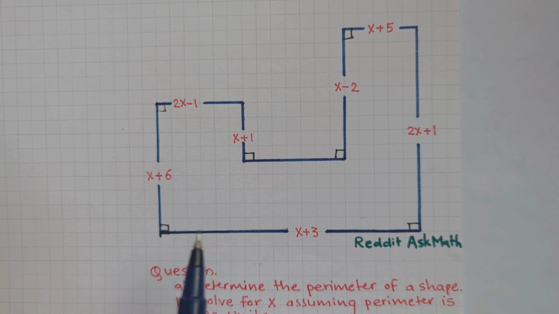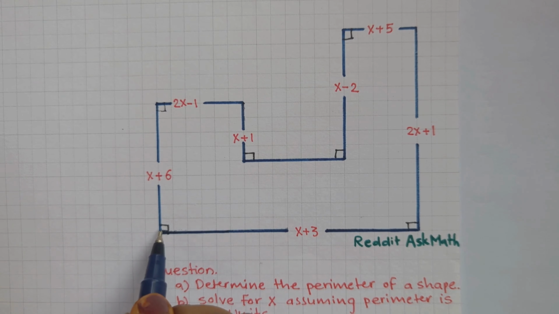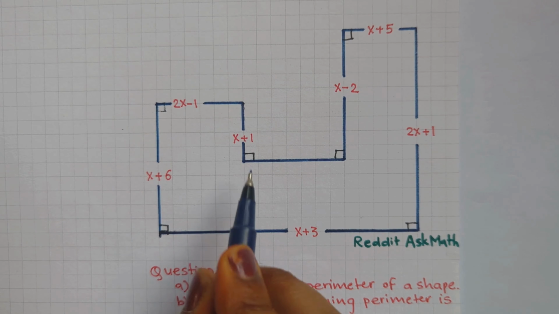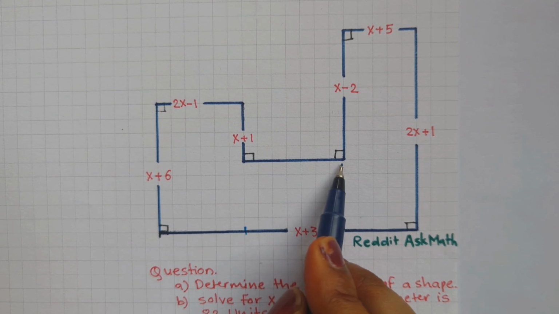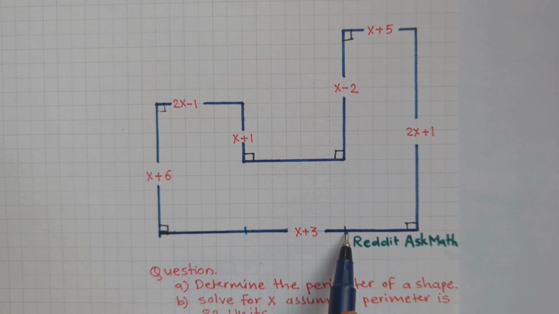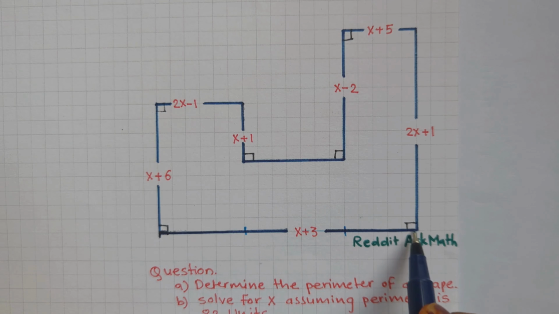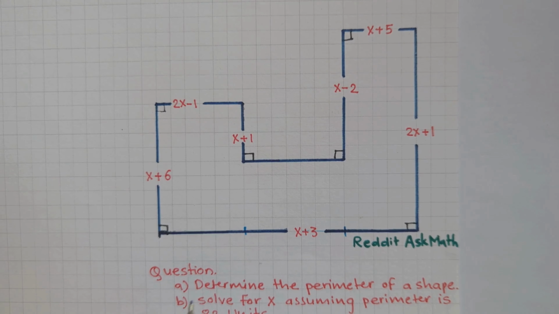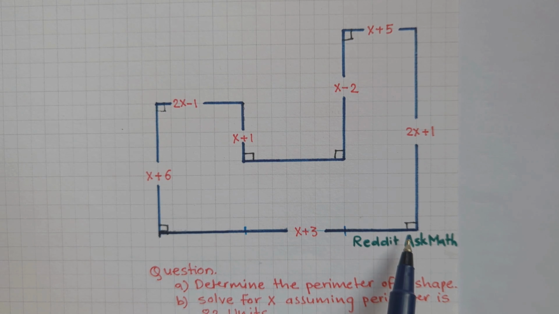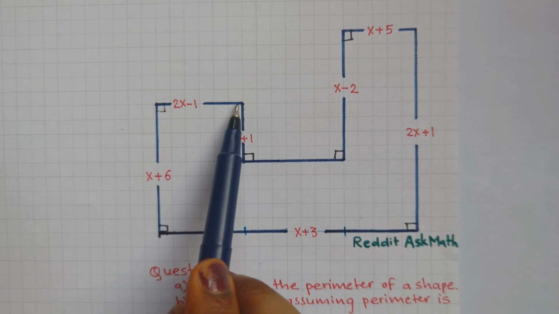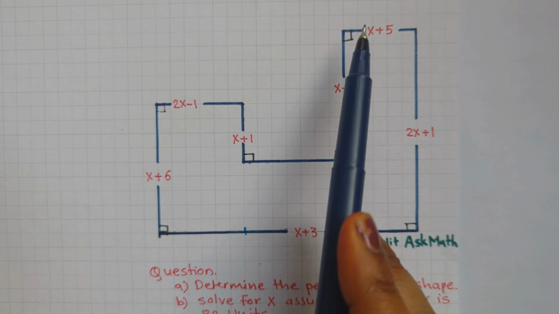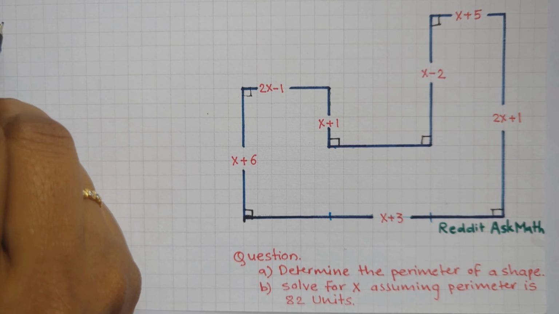If you notice, I am going to divide this line into 3 parts: this is one part, then to here is the second part, and this is the third part. So the x plus 3 at the bottom of the shape should be equivalent to the addition of these 3 parts because of the right angles, to calculate the perimeter.